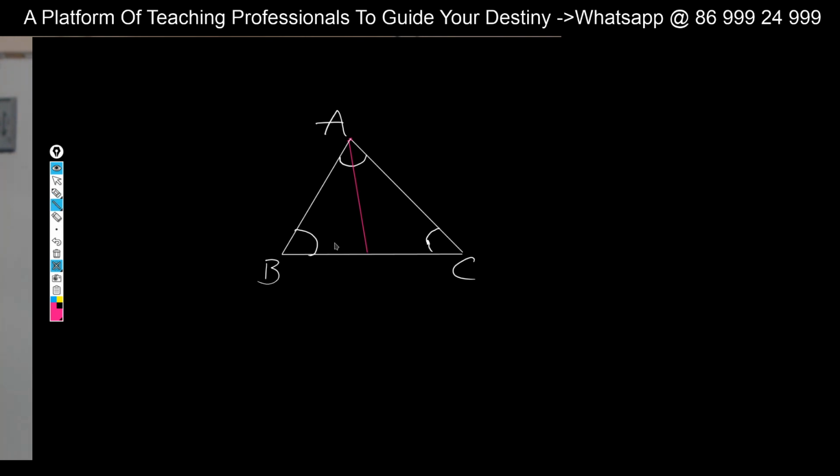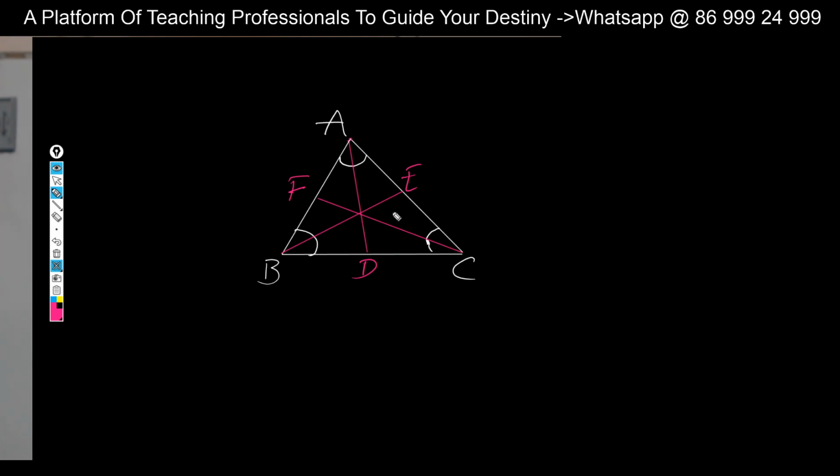Second internal angular bisector, which is dividing this angle B into two equal parts, and this is the third internal angular bisector, which is dividing the angle C into two equal parts. Let me say this as D, this as E, this as F.